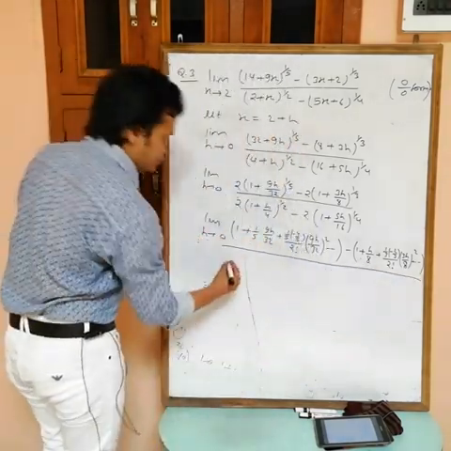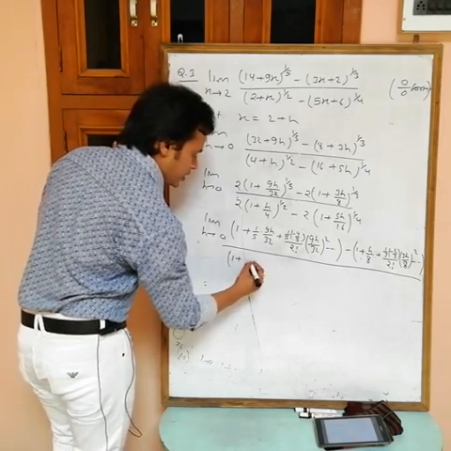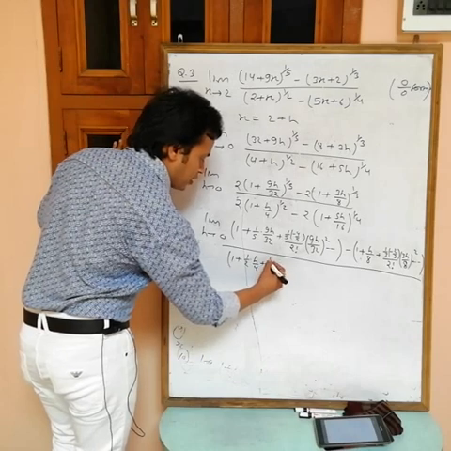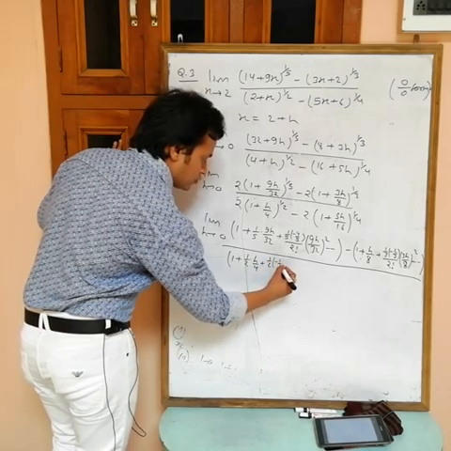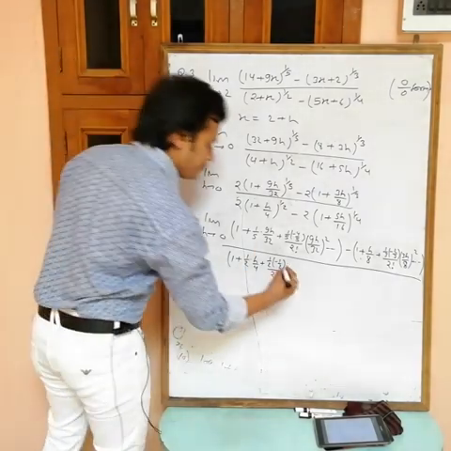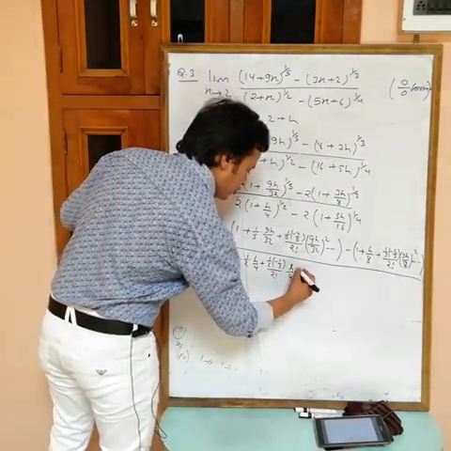Same in denominator, 1 plus n h, 1 by 2 into h by 4, n minus 1 by 2 factorial into square of h by 4.